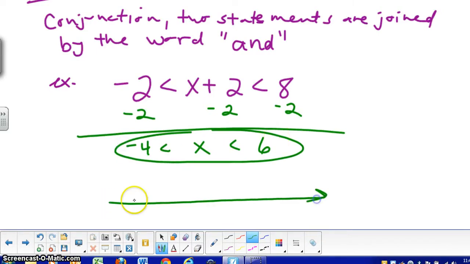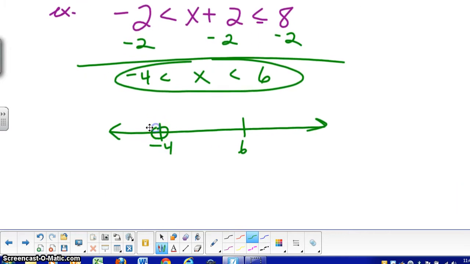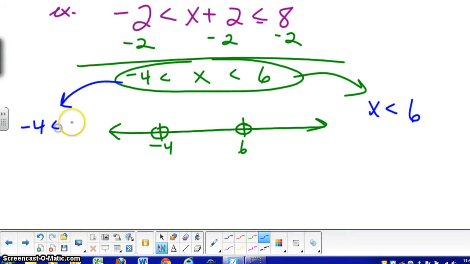Now if you're going to graph anything that's and, we put the -4 because it's the smaller number, and then the 6 because it's the larger number. Both of them are going to be open dots. If you look at this individually, x < 6, and then -4 < x, which you can flip around to make sense: x is greater than -4.